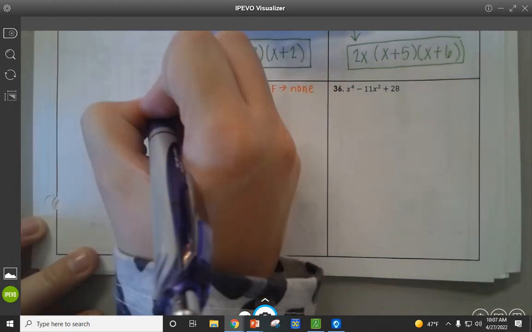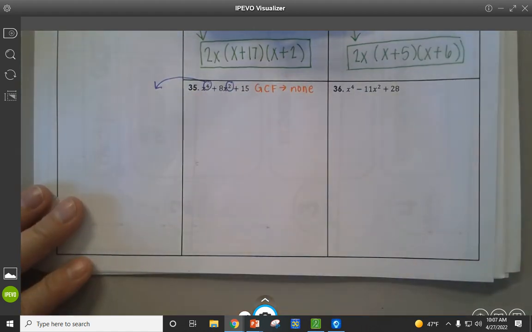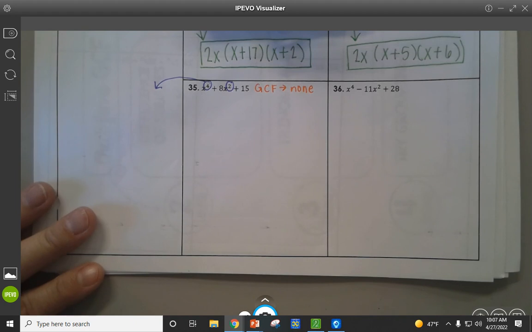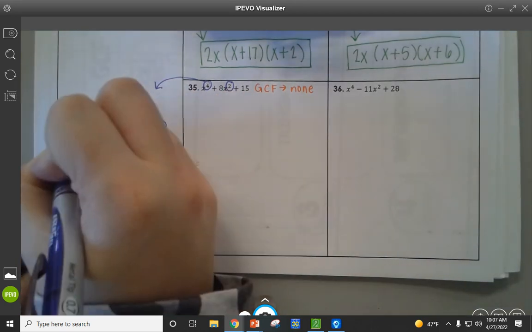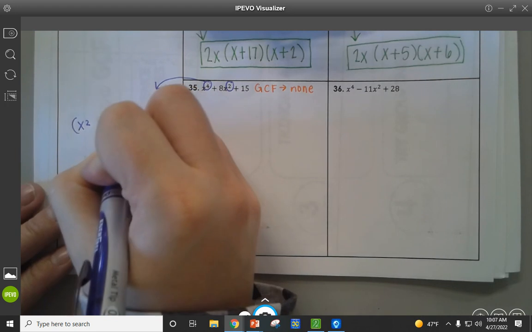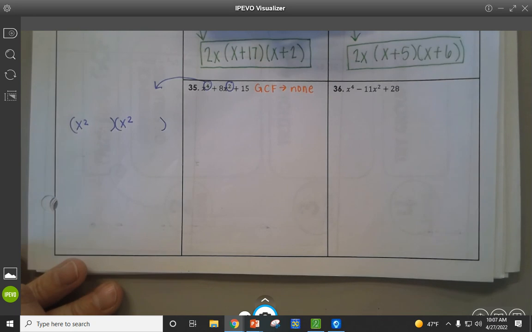So when you have an exponent of 4 and then a 2, the only change you need to make is that when you're doing your parentheses, you put x squareds instead of just x. So you have to be paying attention to those exponents.